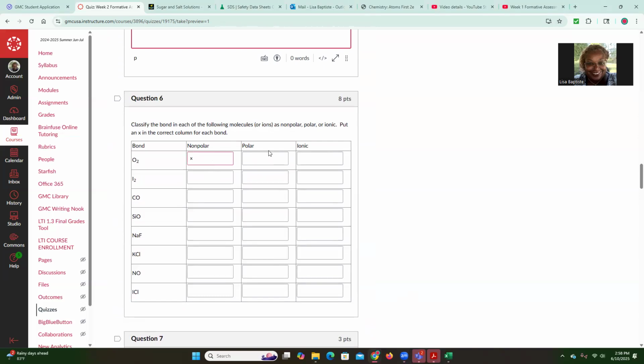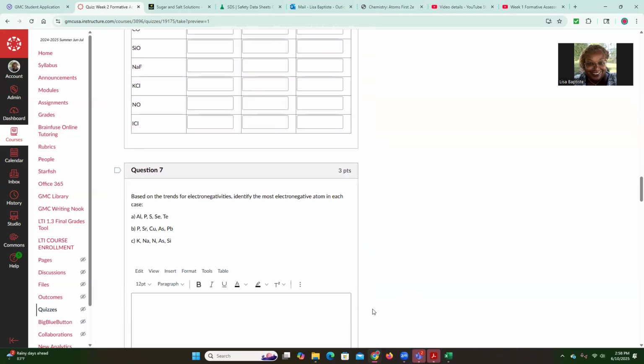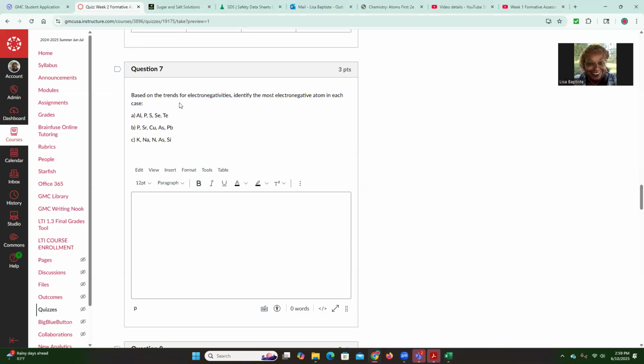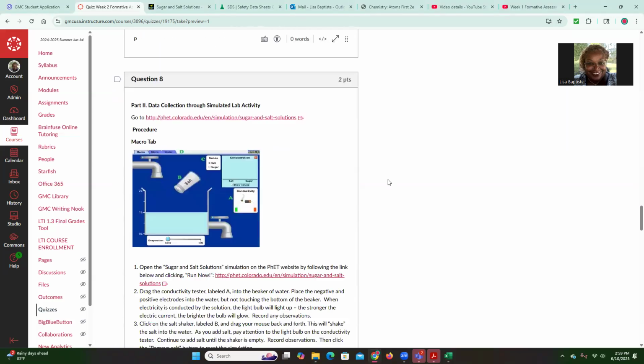You leave the other two boxes empty because that's not the correct classification for this bond. You only put an X where the correct classification goes. And then for number 7, you answer the question based on your electronegativities.